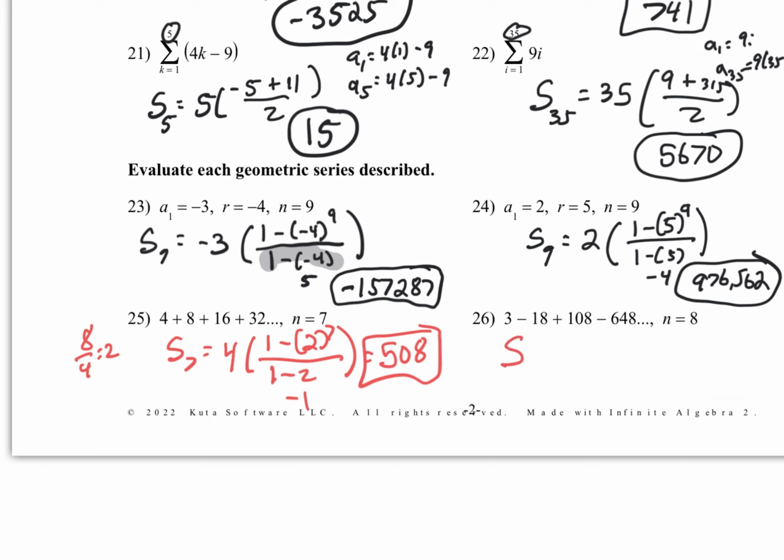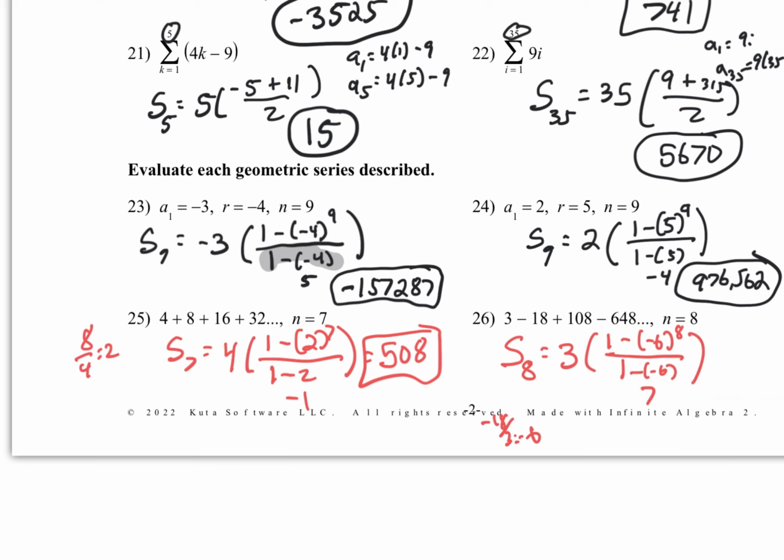And the last one, S of 8, that's going to be our first term 3 times 1 minus my ratio. So negative 18 divided by 3, I think is negative 6. That's going to be negative 6 to the 8th, all divided by 1 minus negative 6. So that's 7.